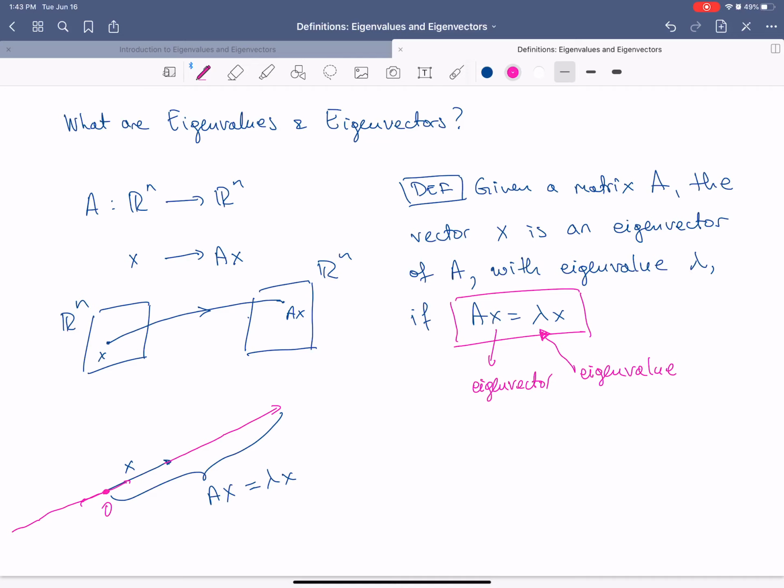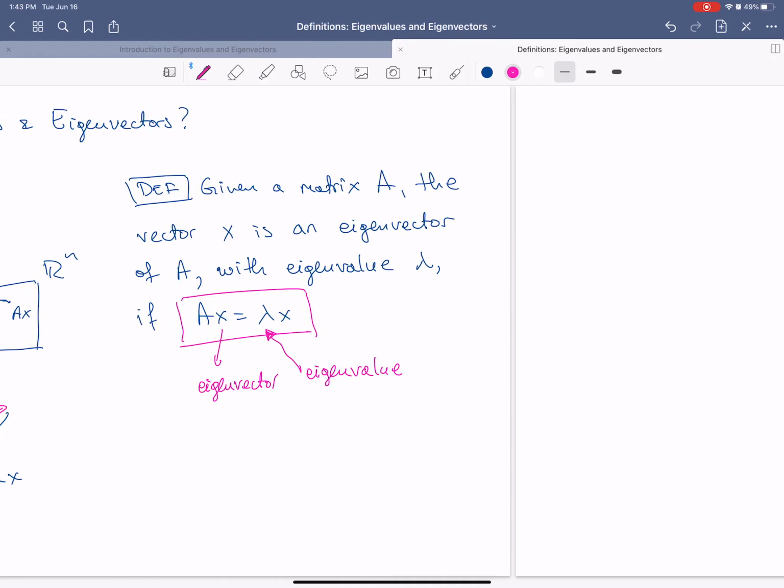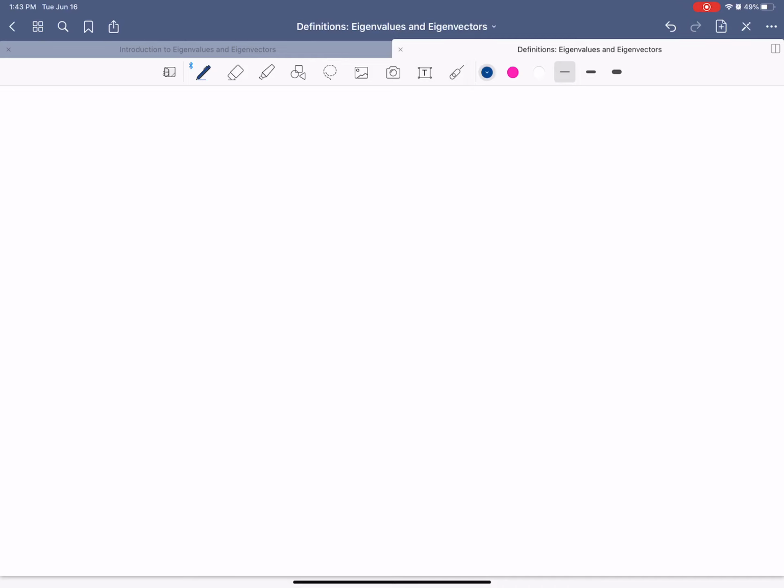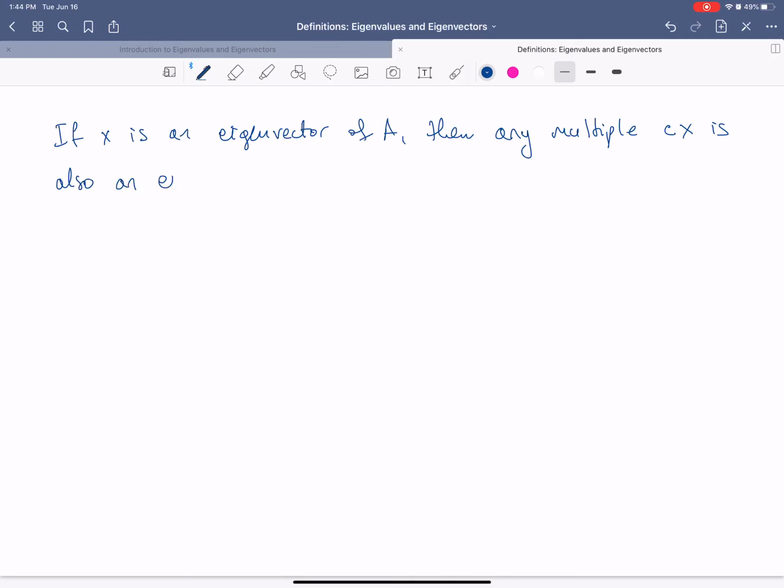But the first thing, let me show you that if x is an eigenvector, then any multiple of x, for example Cx, is also an eigenvector with the same eigenvalue.